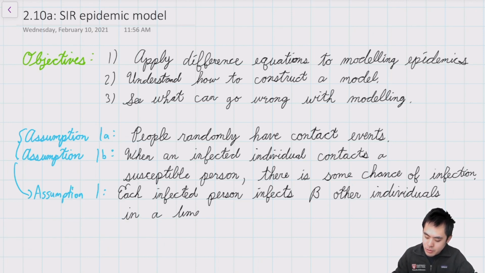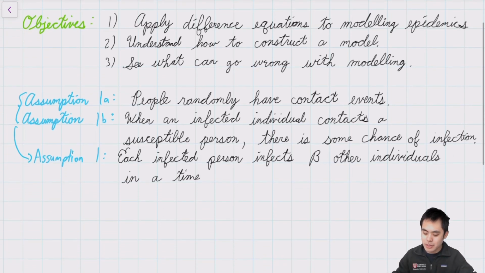So we're basically lumping both of those assumptions together into one bigger assumption that's going to be a little bit easier to characterize.